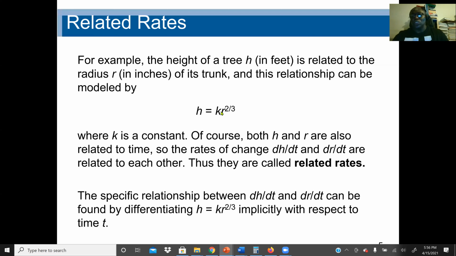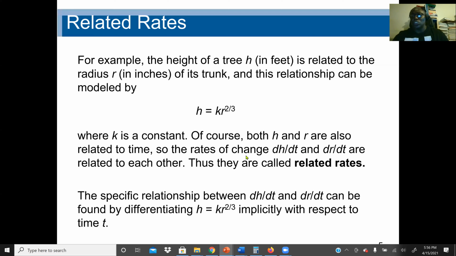Based on the radius, we can see that when the radius increases, then the height may also increase. Of course, both h and r are also related to time. As we said, the height of a tree will grow with respect to time, and the radius of its trunk will grow with respect to time.